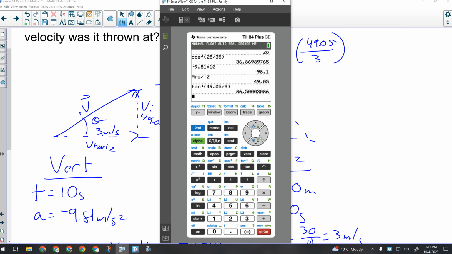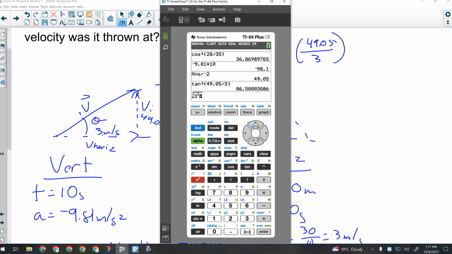And I also need the magnitude, right? It asks what velocity it's being thrown at. So now I have the direction for the velocity. How do I get the magnitude? A squared plus B squared equals C squared. Exactly, use Pythagorean theorem. So 3 squared plus 49.05 squared gives us 49.1.